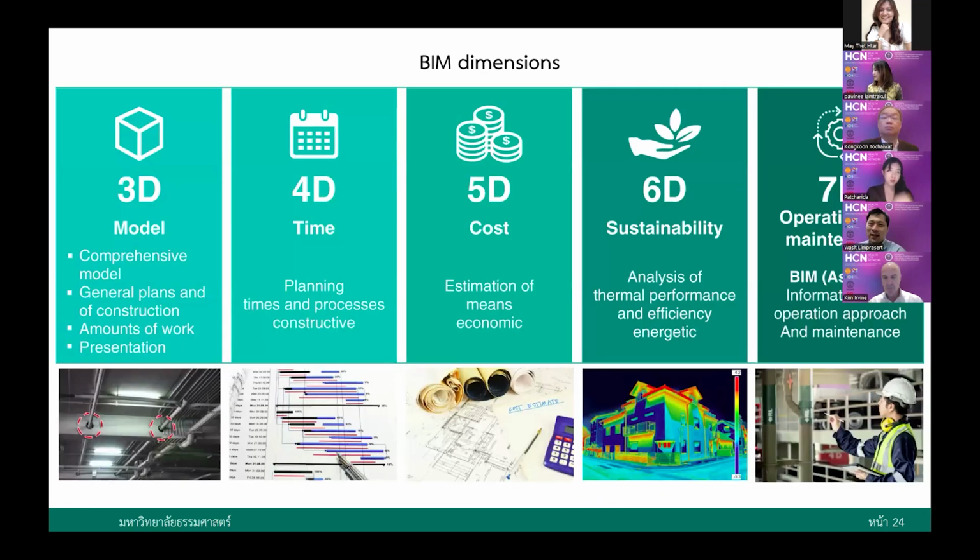In BIM, the technology allows us to understand geometry. Once we have a conflict like this, we can detect it before construction, we can precisely plan the schedule and predict very precise cost, and we can also simulate what would happen in terms of energy and temperature inside the building.